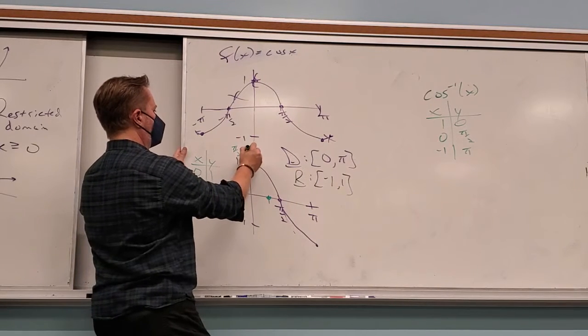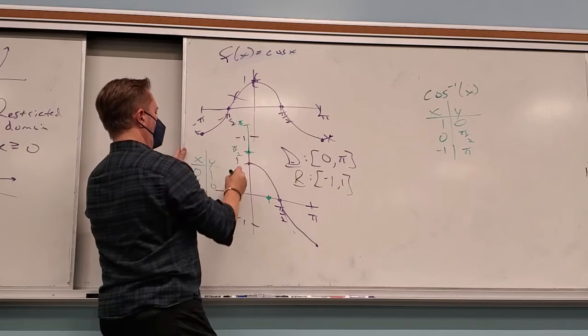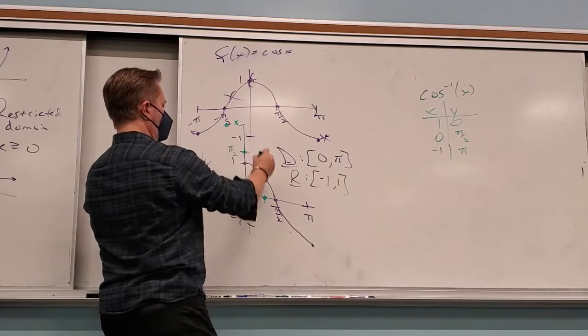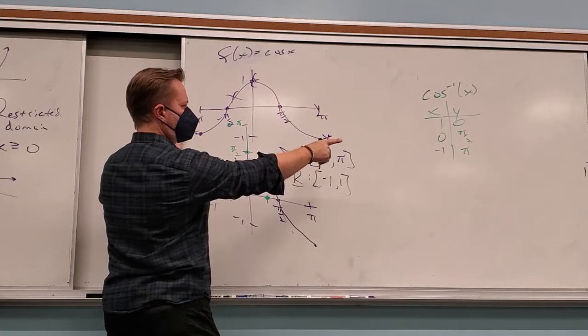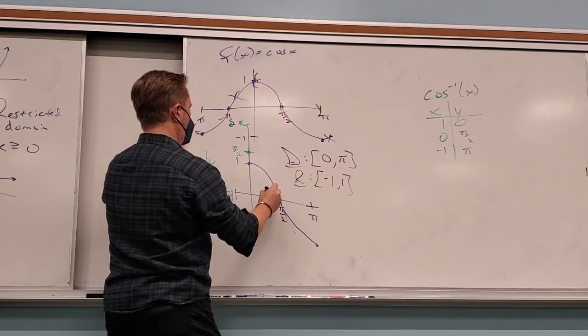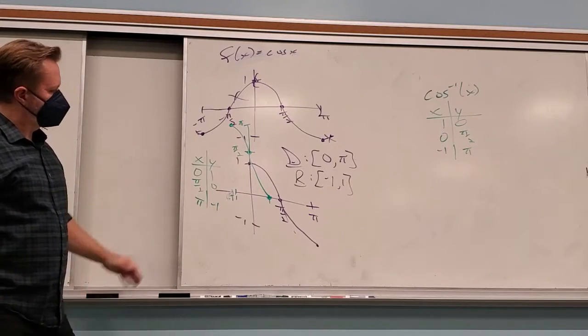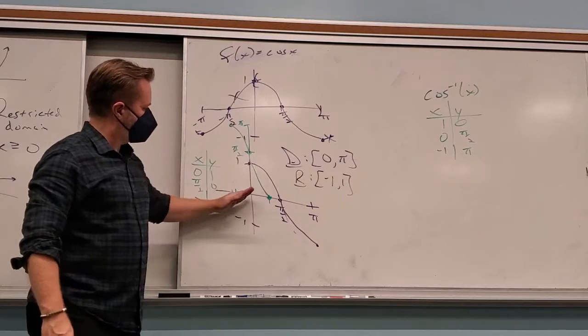Pi is way up here. So it's going to look like this. Funky. And again, it's got the reflection right through the y equals x line.